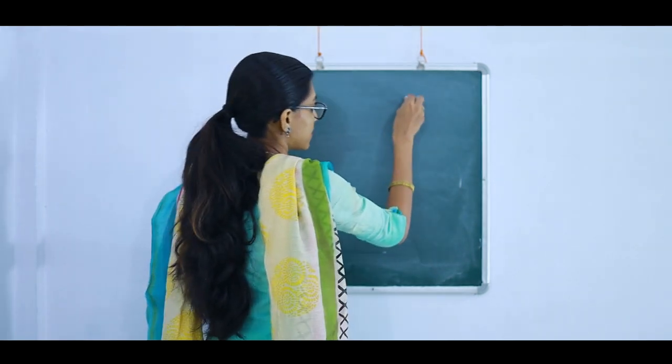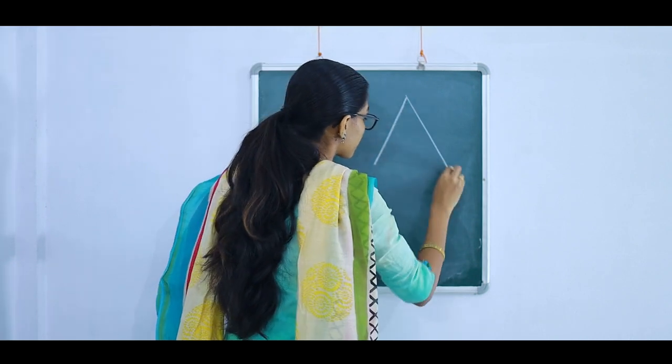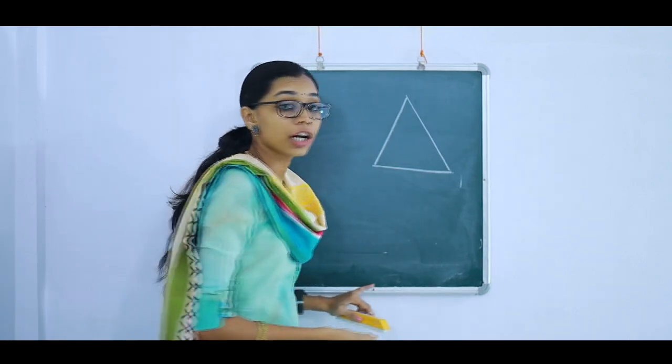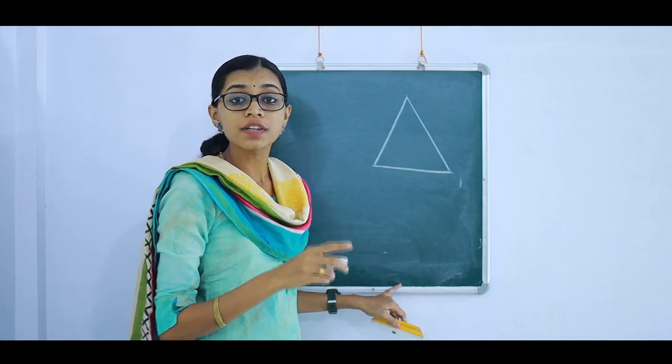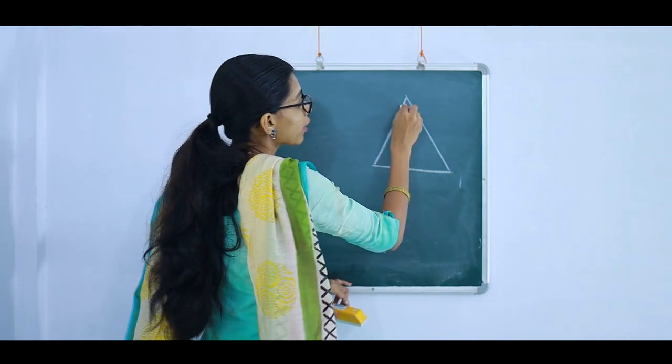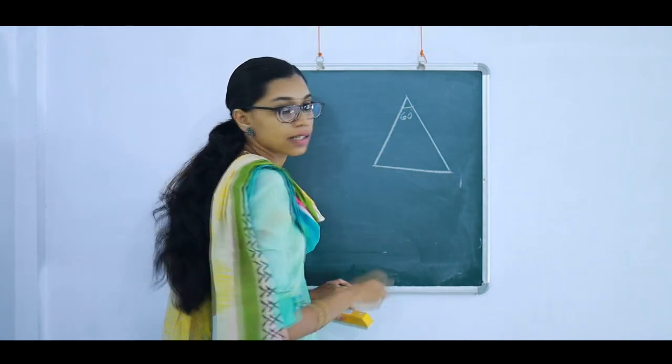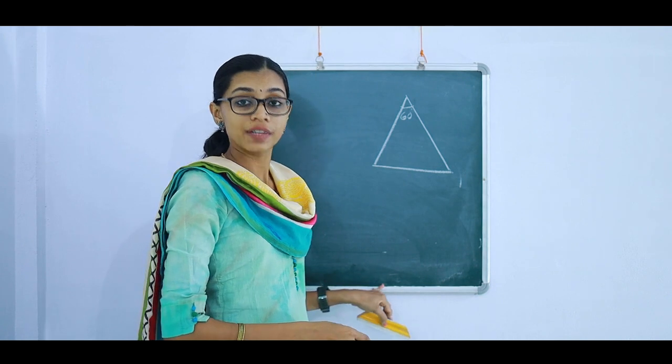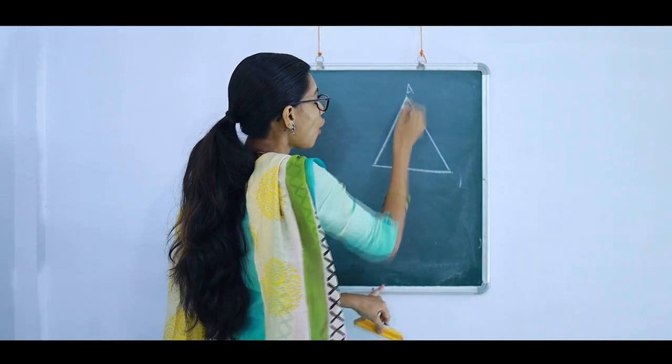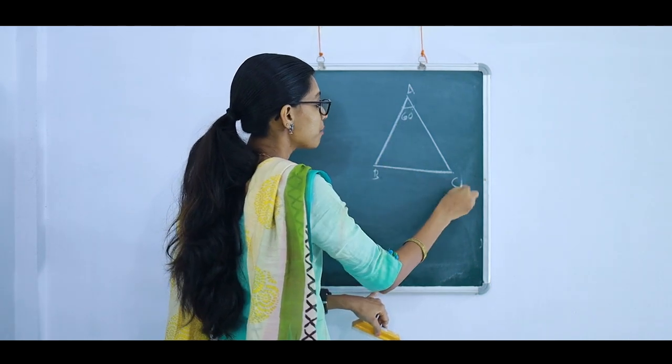So first, let's draw the figure. You have a prism. It's a regular prism. And if it is a regular prism, we know that the angle of the prism has to be 60 degree. Now, a ray of light is coming and falling on the face AB.